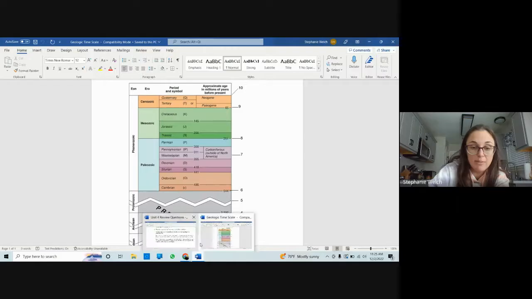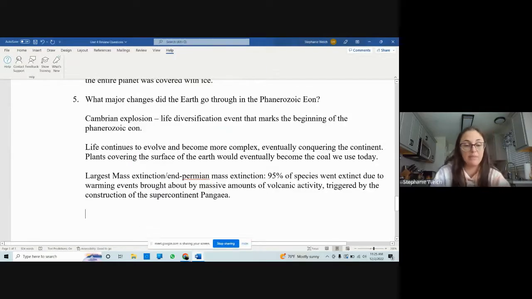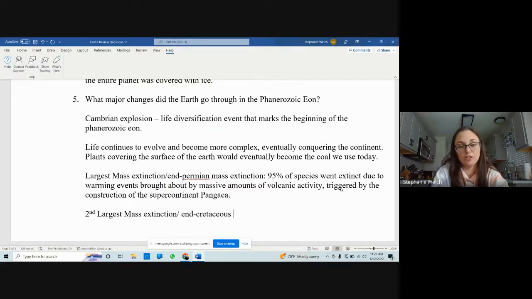So this end of the Mesozoic is the second largest mass extinction. Some refer to it as the end Cretaceous mass extinction, or let's just simply call it the dinosaur extinction.